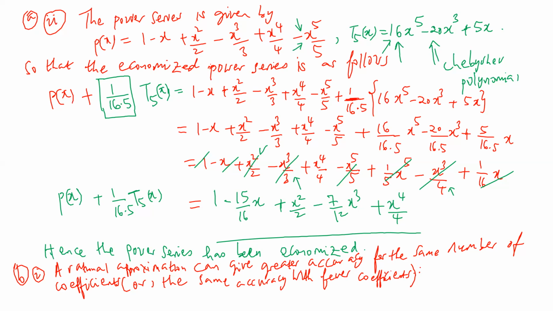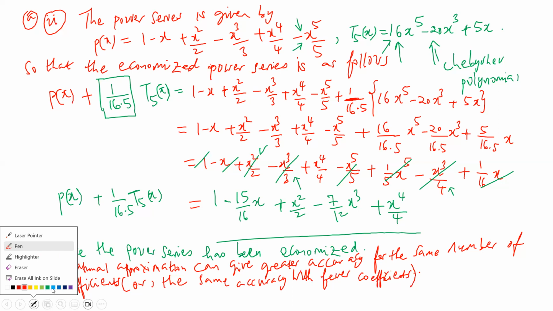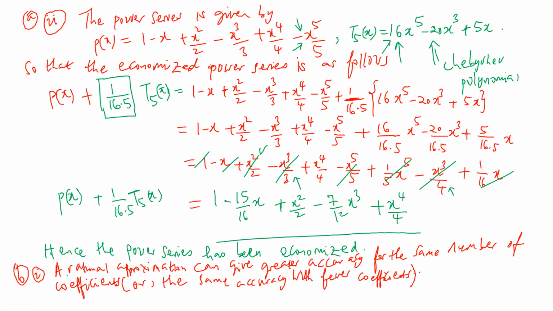Why do we prefer a rational function for the purpose of approximation over a polynomial? Well, the reason is because the rational approximation can give greater accuracy for the same number of coefficients or the same accuracy with fewer coefficients.